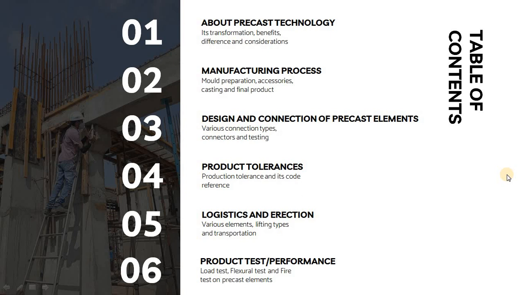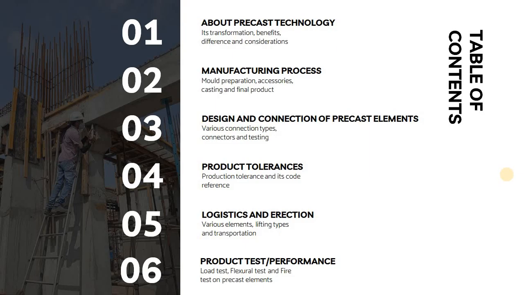So this will be our flow of the video. First we will see an overview of precast technology: what is precast technology, its benefits and its difference with the cast in situ construction process. Second, we will go through the manufacturing process, how the elements are casted in factory.